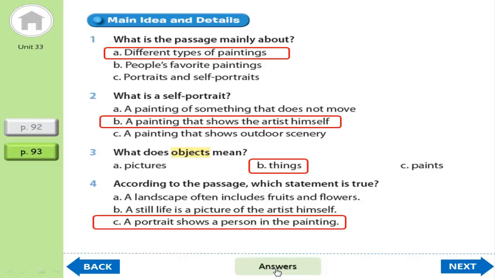Okay, so the correct answer is letter C. A portrait shows a person in the painting. Okay, now continue to the next page.